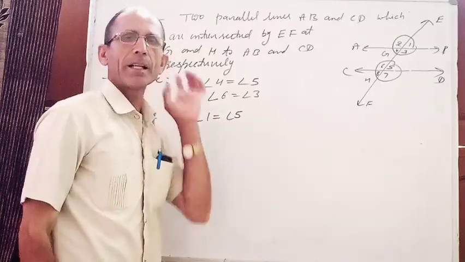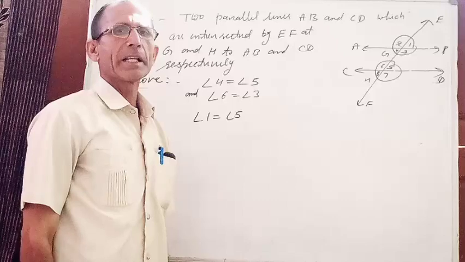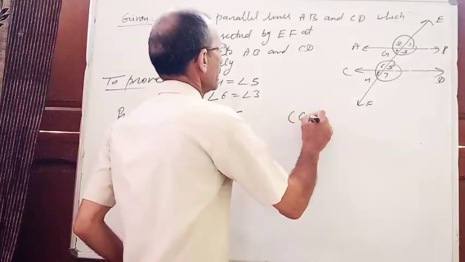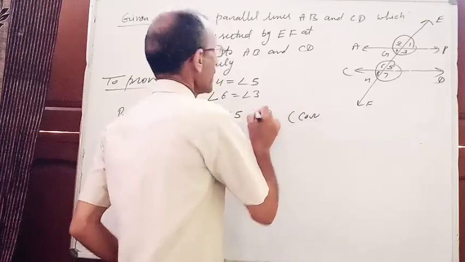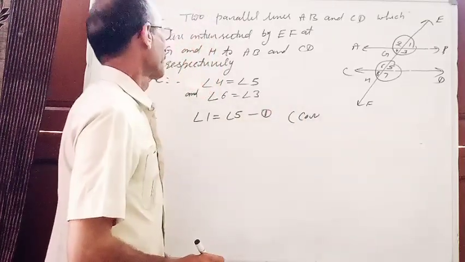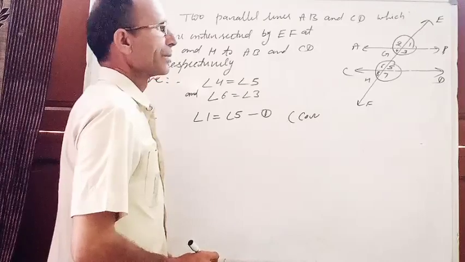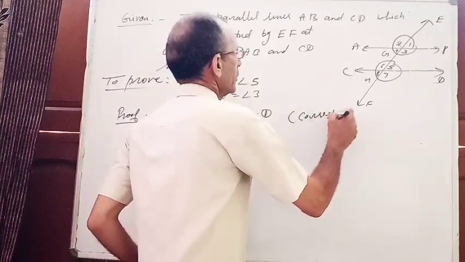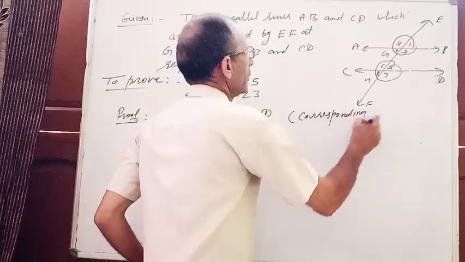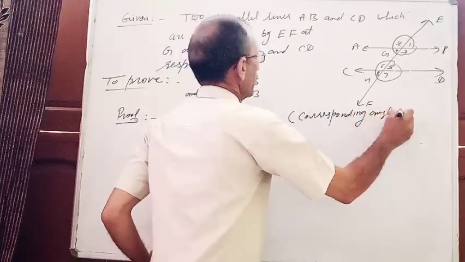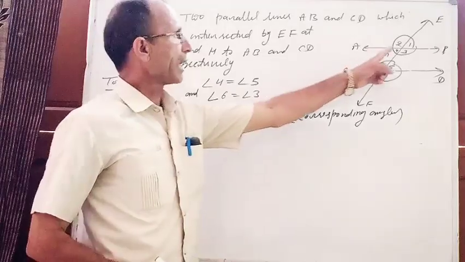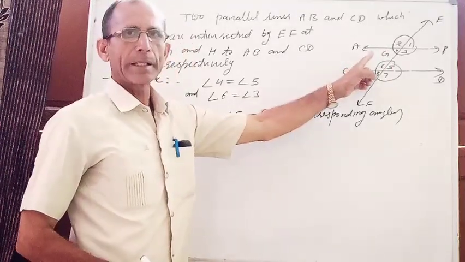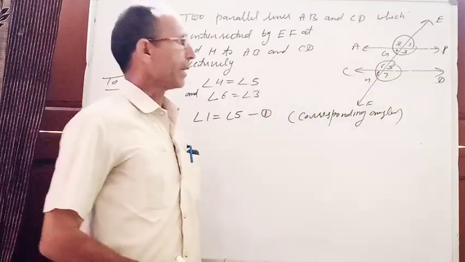Reason: corresponding angles. You can say this is equation 1. Angle 1 is equal to angle 5, this is equation 1, and the reason you can give is corresponding angles.